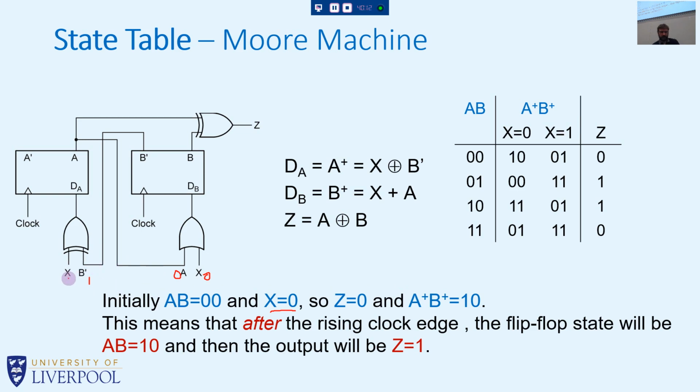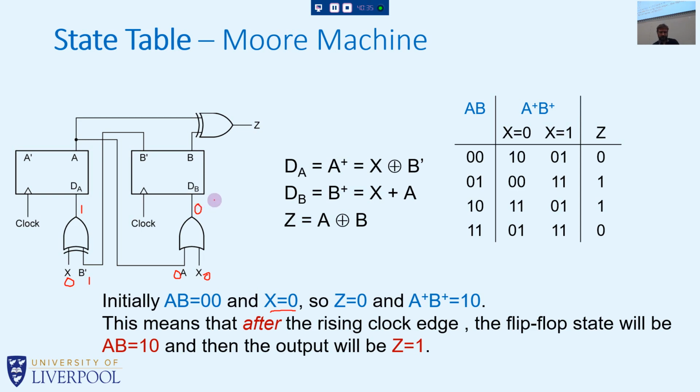Okay, we know that X is 0 to start with. Using this initial information, 0 exclusive or 1 must give a 1 here. So this is going to be the next state of A after the tick of the clock. And 0 or 0 is going to give 0.